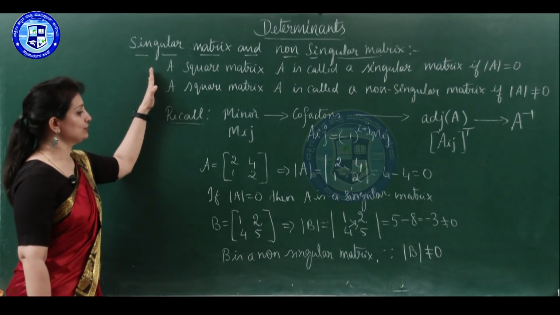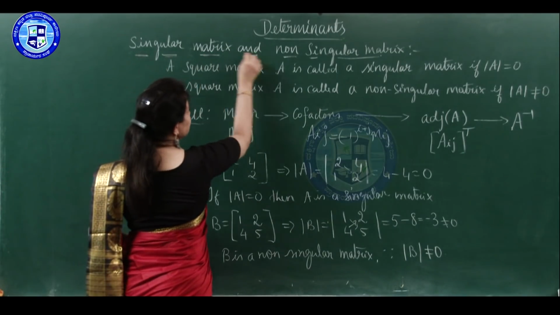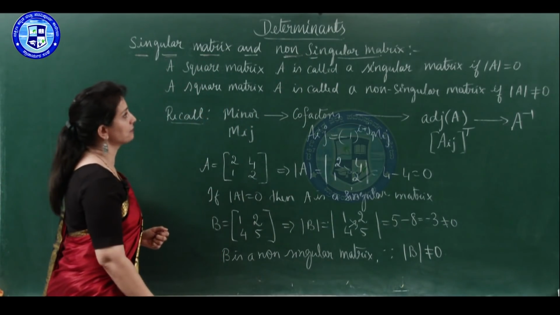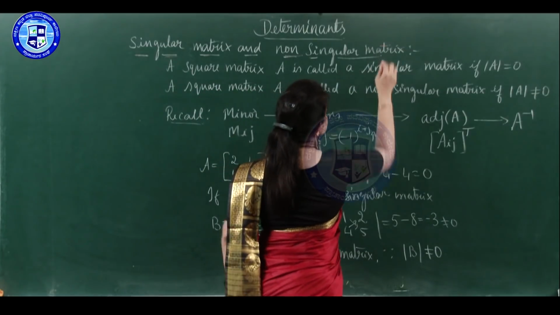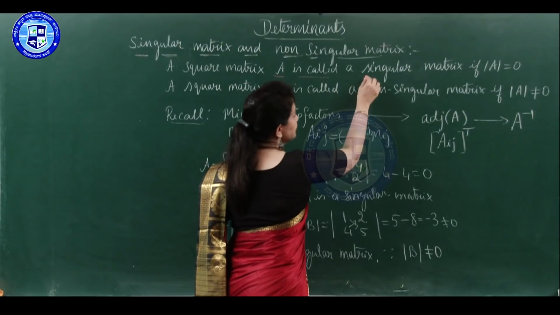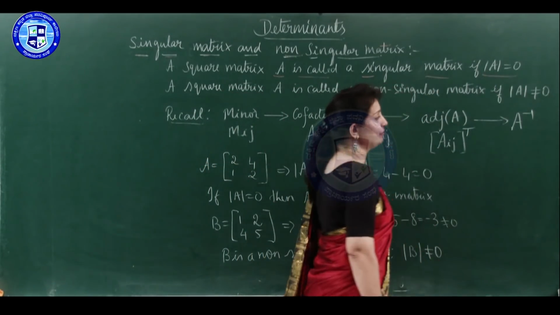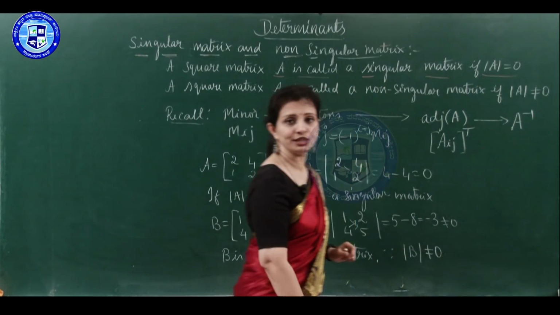So, you can go to the definition now of a singular matrix and a non-singular matrix. A square matrix A is called a singular matrix if determinant of A is equal to 0.